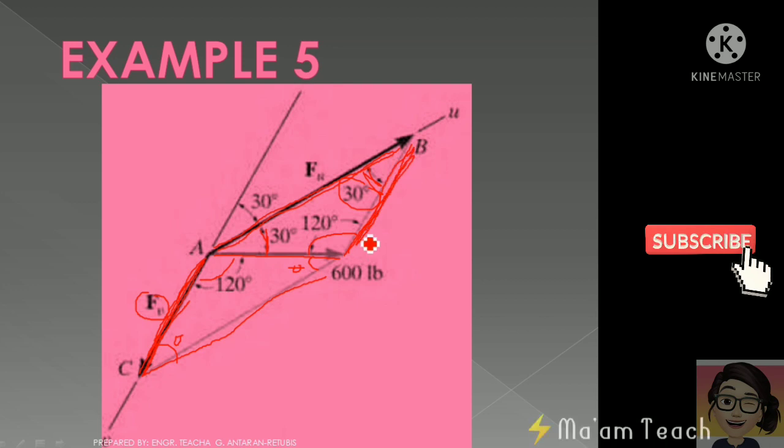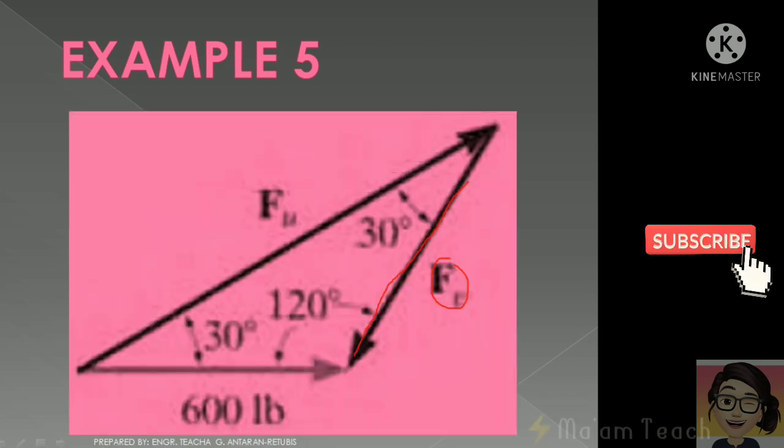They are equal, so you can put here f sub p, and then we isolate this part, and the result is this. We have the 600 pound, the f sub p that is our unknown, and f sub u as our unknown too. Now that we have the working triangle, let us start solving it.